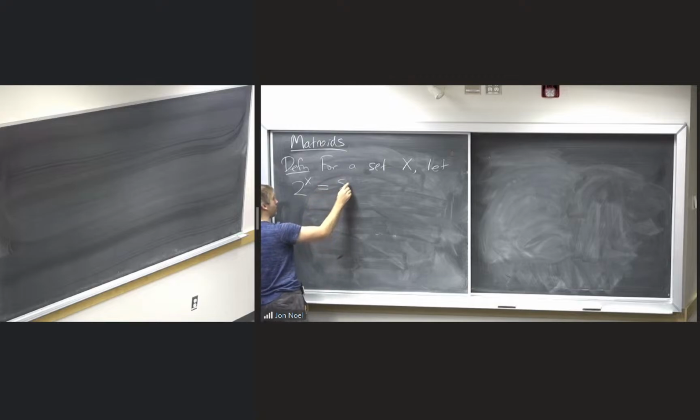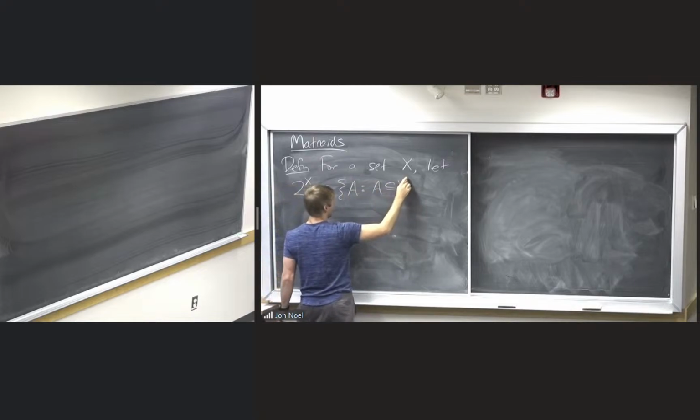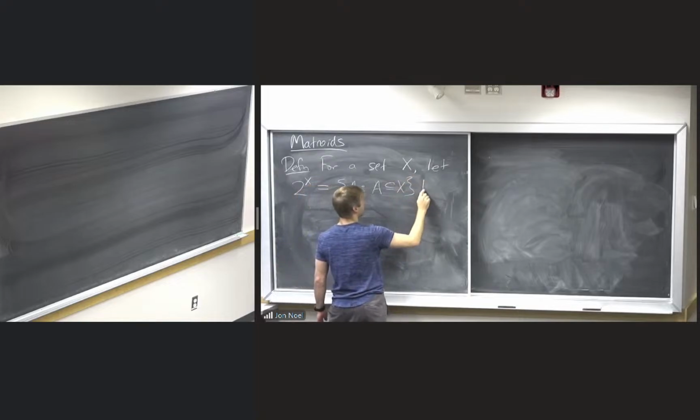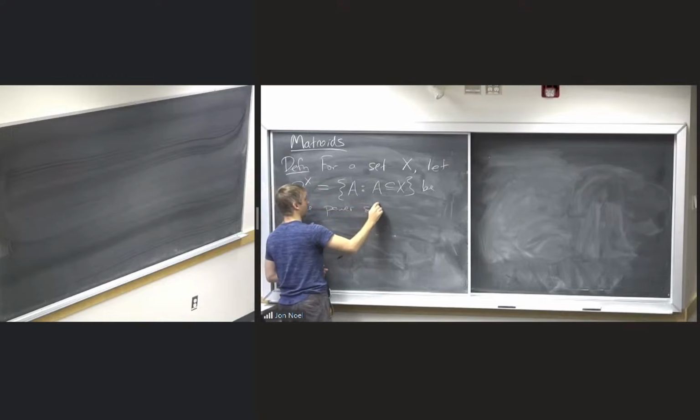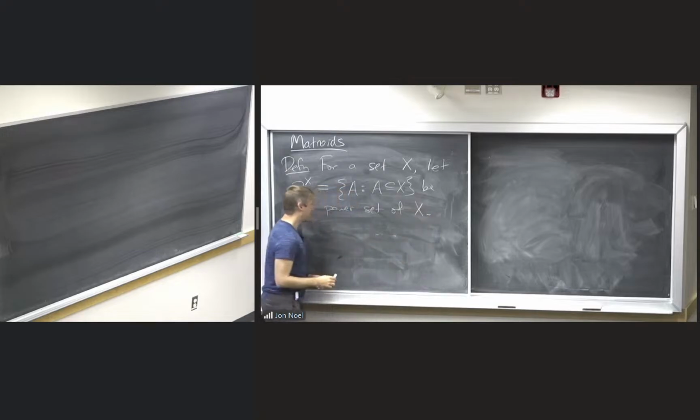So it's the set of all sets A such that A is a subset of X. Probably in some courses you've used different notation like P of X. I'm just using this notation because I find it more useful, because of course, the power set of X has size 2 to the power of the size of X.